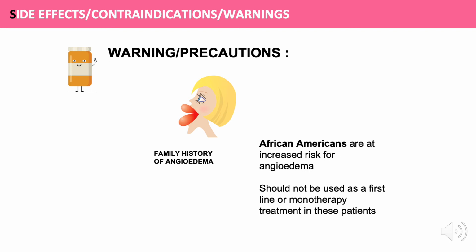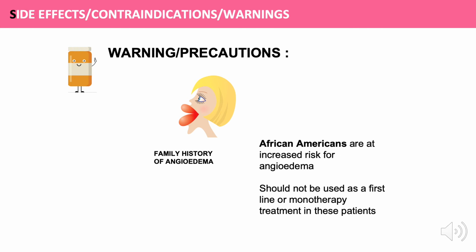If you do prescribe an ACE inhibitor, you should definitely make sure you're counseling African American patients and monitoring them closely. But you will notice that we don't use ACE inhibitors as first line or monotherapy for hypertension in African Americans. Now, it's not because of the angioedema, but actually they don't receive much drug benefit from solely prescribing lisinopril to treat their blood pressure.